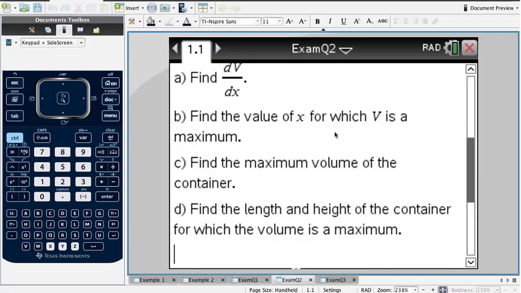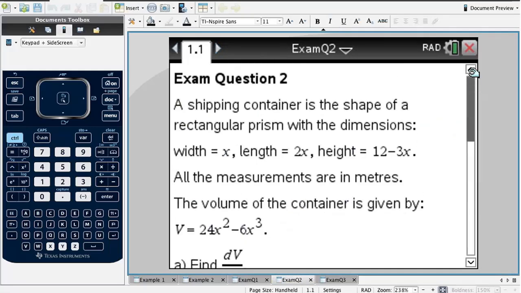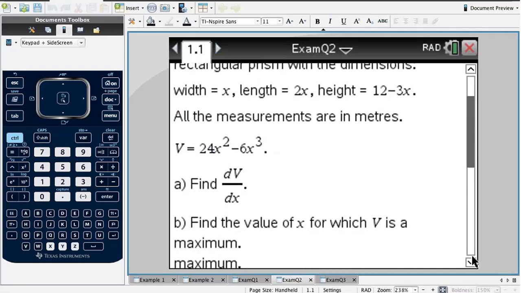Okay, exam question 2. This is like an optimization problem. A shipping container is the shape of a rectangular prism with the dimensions: the width is x, the length is 2x, and the height is 12 minus 3x. All the measurements are in meters, and the volume of the container is given by that expression there. Find dV/dx. So let's just write that down.